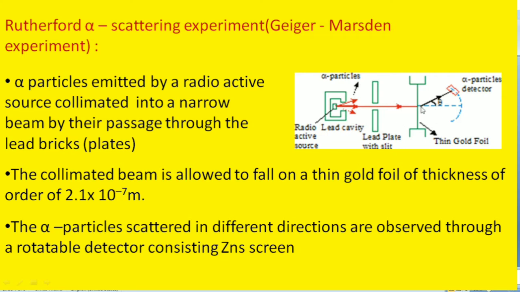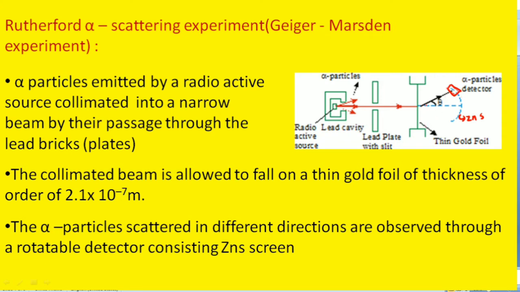You see this diagram. This red straight line is the initial direction of the alpha particles. This black line is the scattered alpha particle. There is some angle theta, which is called the angle of scattering. The alpha particle is allowed to be incident on the zinc sulfide screen, and on this there is a detector.